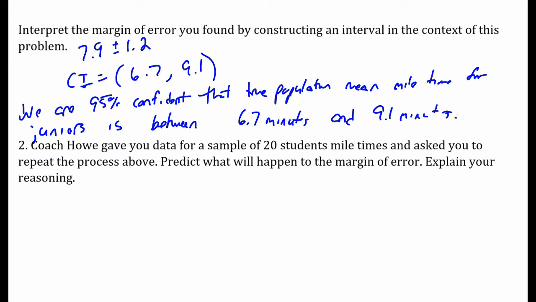So we're 95% confident that the true population mean mile time for juniors is between 6.7 minutes and 9.1 minutes.